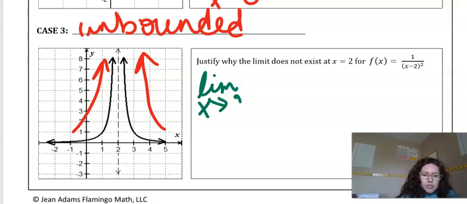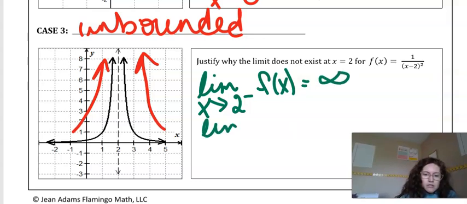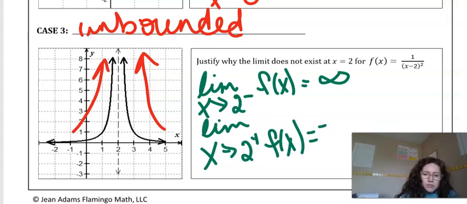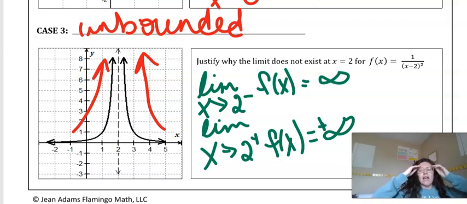As x approaches 2 from the left, it's approaching infinity. As I approach 2 from the right, it's approaching infinity. Now you're going, what happened? Hello? You just said, that's right. Well, the limit does exist, right?